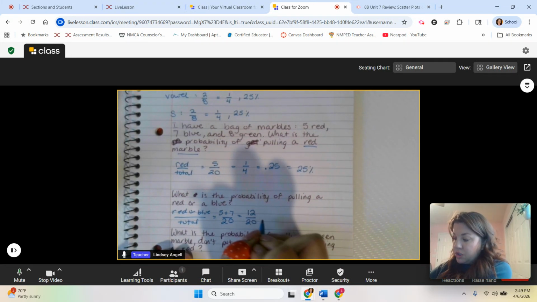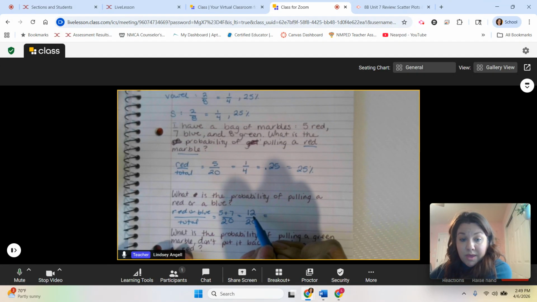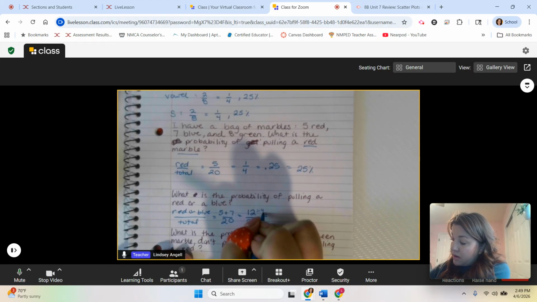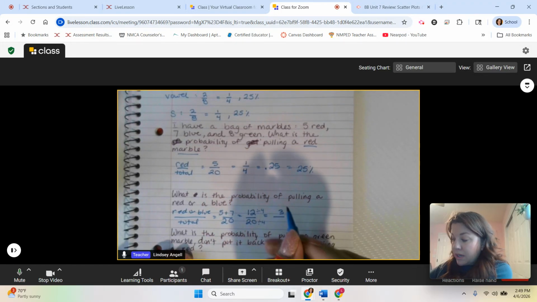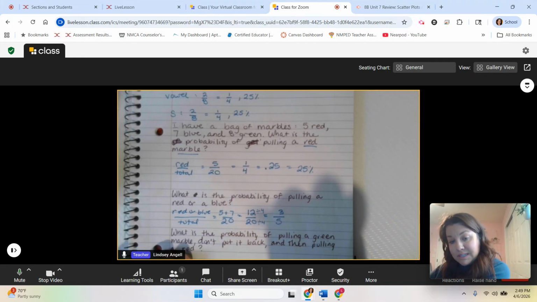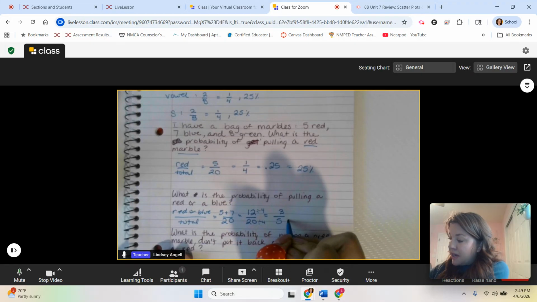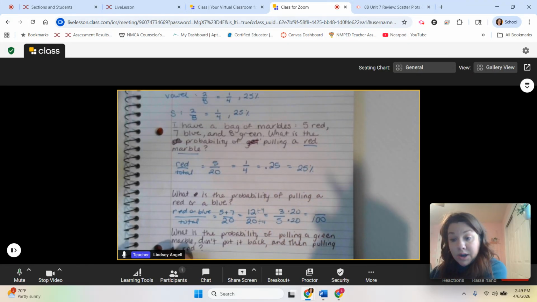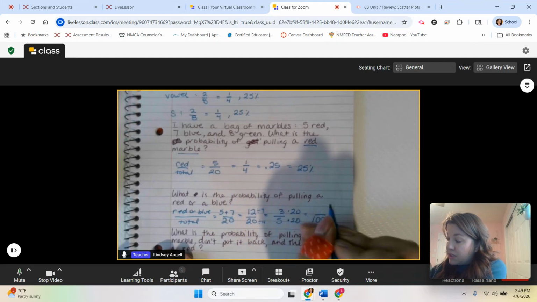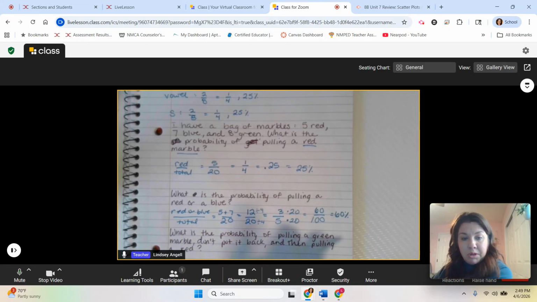To reduce this, 4 goes into both, so divide by 4: 12 divided by 4 is 3, 20 divided by 4 is 5. So you have a 3/5 chance of pulling a red or a blue. In percent form, 5 times 20 gets us to 100, and percents are out of 100, so 3 times 20 gives us 60. We have a 60% chance of pulling a red or a blue.